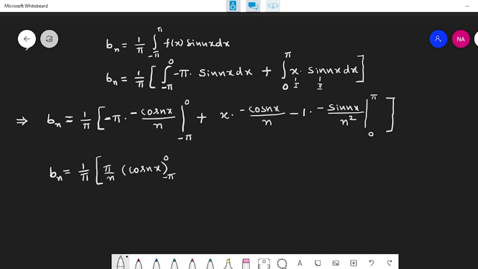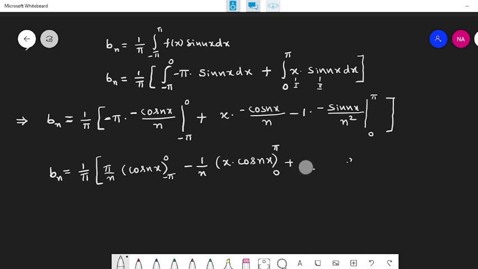And coming to this, minus 1 by n will be a constant term. Minus 1 by n times x into cos nx, which should be evaluated between 0 and pi. Minus into minus plus 1 by n square into sin nx.